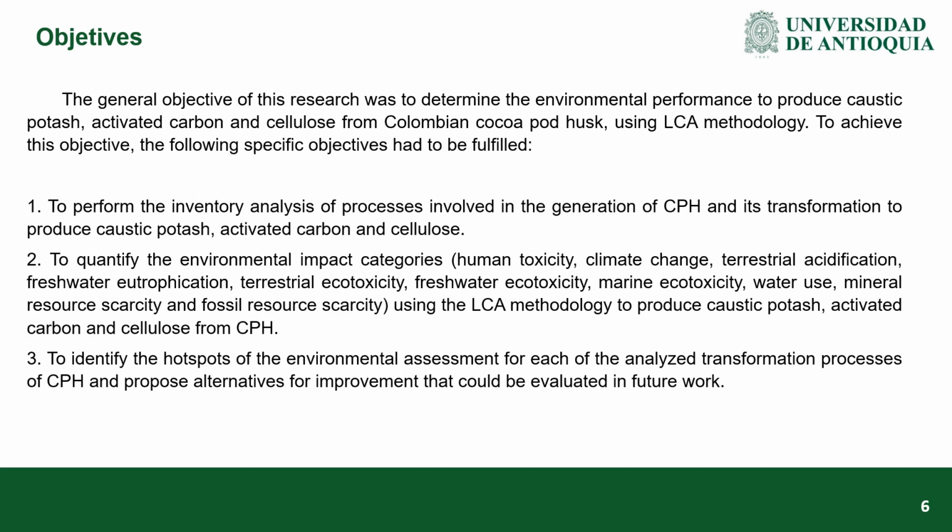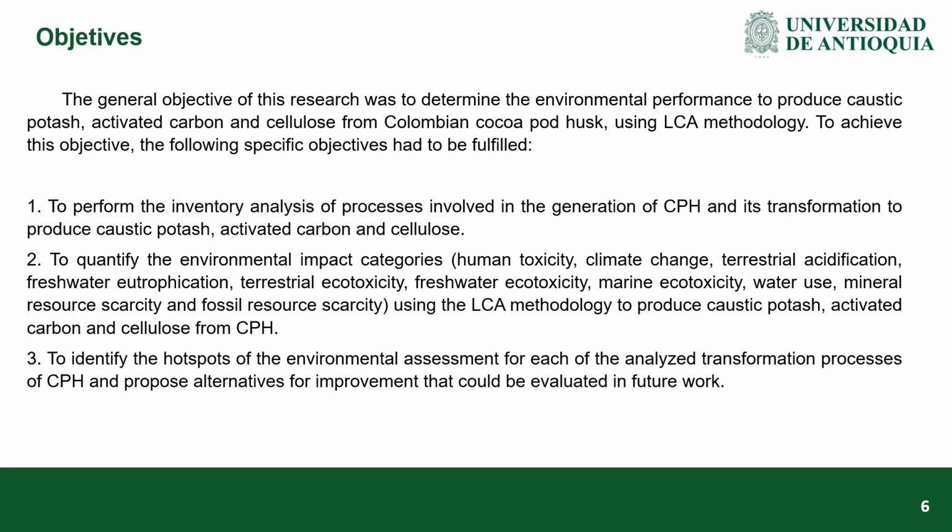The general objective of this research was to determine the environmental performance to produce caustic potash, activated carbon, and cellulose from Colombian cocoa pod husk using LCA methodology. To achieve this objective, the following specific objectives have to be fulfilled. First, to perform the inventory analysis of processes involved in the generation of CPH and its transformation to produce caustic potash, activated carbon, and cellulose.